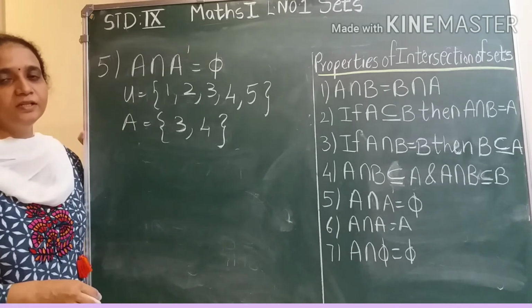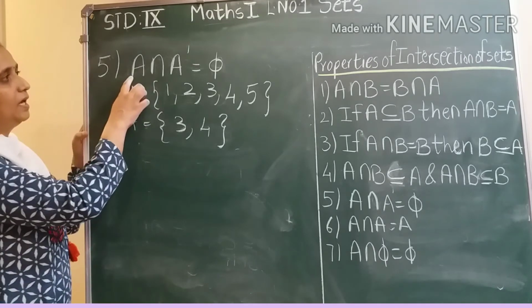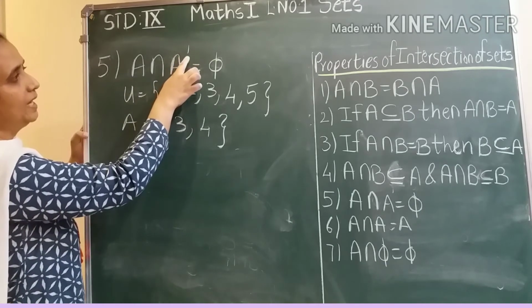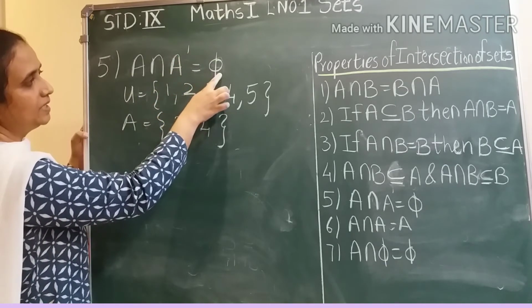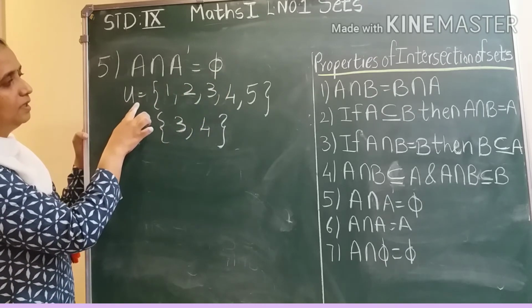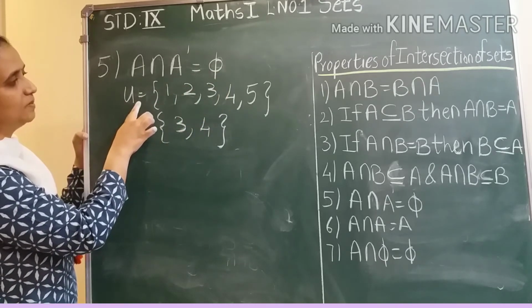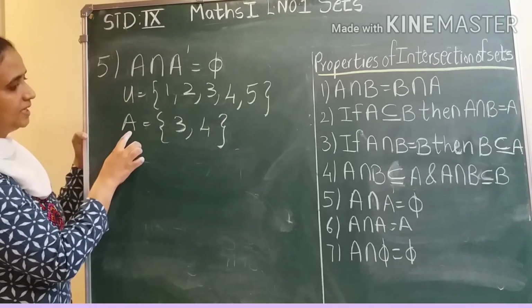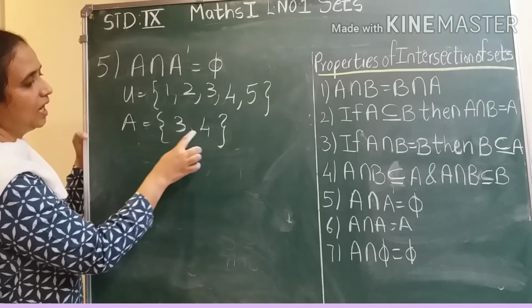Now we will verify the fifth property. A intersection A complement, or A dash, is equal to an empty set, or a phi set. We have a universal set over here. This universal set contains the elements 1, 2, 3, 4, 5. Now set A contains the elements 3 and 4.